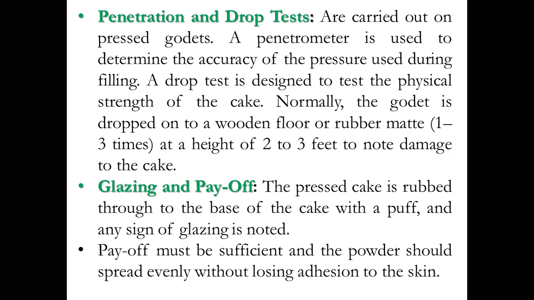So ultimately strength can be analyzed by means of this drop test. Simply we drop the compressed unit of powder from a height of 2 to 3 feet, up to 1 to 3 times, and then the damage that happens upon dropping is analyzed.